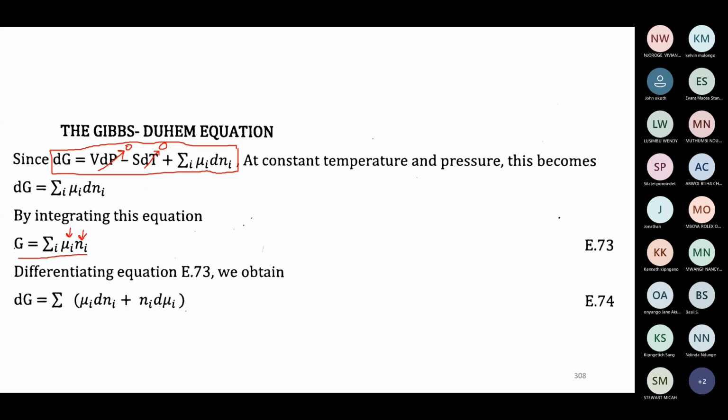So of course the differential for G in this case is going to be the sum of differentiating one and keeping the other constant, and then interchanging. So dG is given by the sum of mu_i dn_i, where n_i has been differentiated and mu_i is constant, plus n_i d mu_i, where mu_i has been differentiated and n_i has been kept constant.